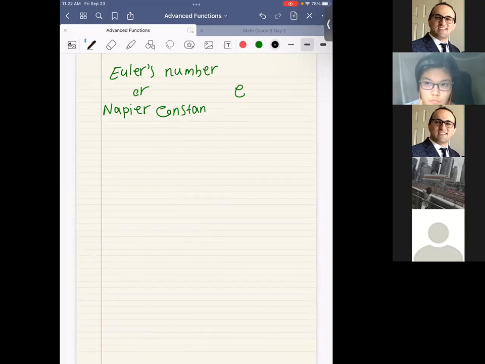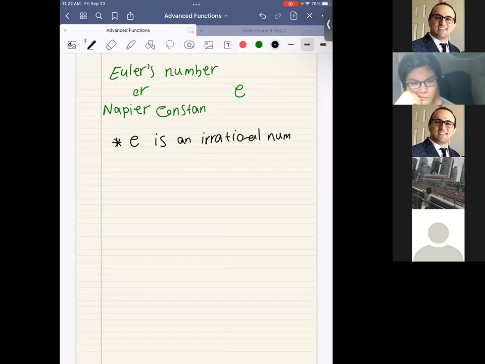First of all, e is an irrational number. And its value is something between 2 and 3. So it's an irrational number between 2 and 3, like 2.7 something.